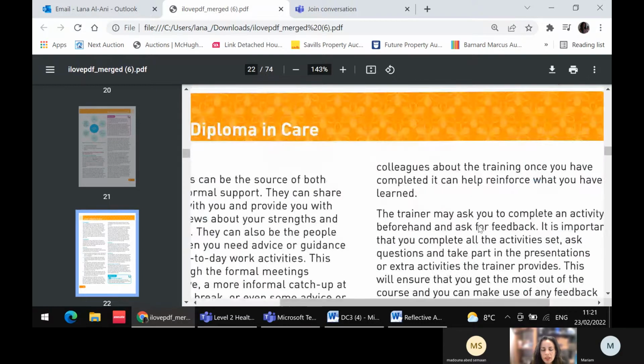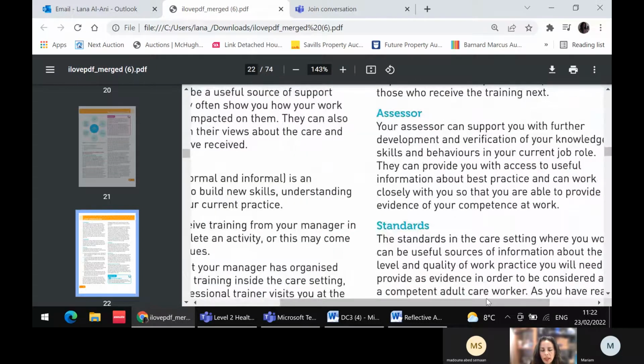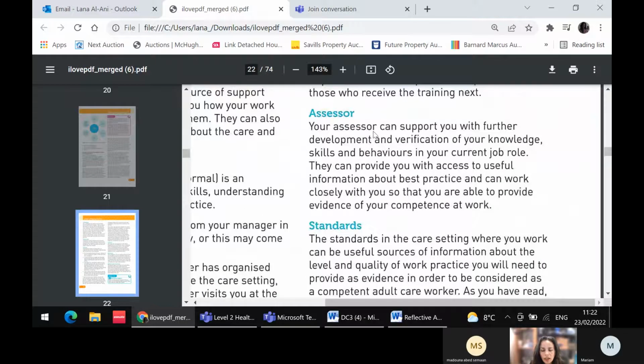As we said here, there is, as well as this, the assessor. So for me, I'm your teacher at the moment, but I will come and assist you in your workplace. I will do a report about how well you've been doing the work, and verify your knowledge, skills, abilities.